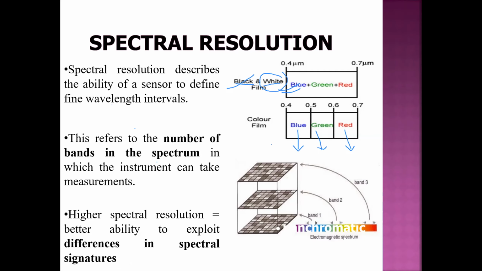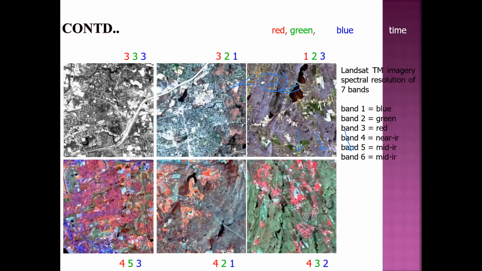The more spectral bands there are, the more and more information it will give about that place. That is why it is called spectral resolution. Here you see in this image there are a number of bands, so a number of images are formed. Why is it done? For example, here it is a water body.